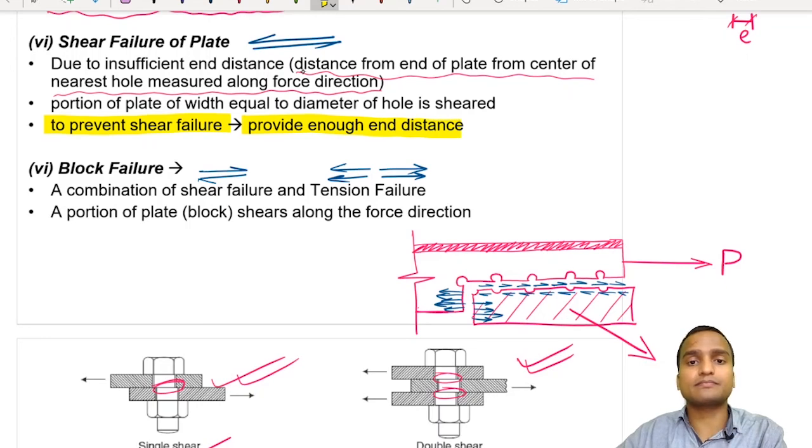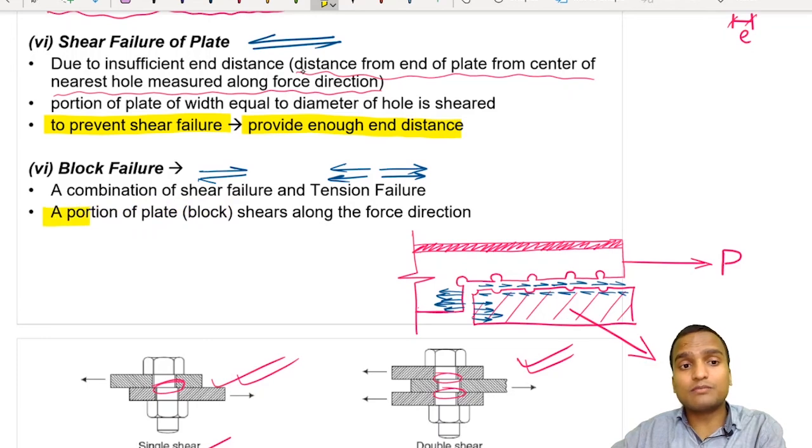Alright. Now the last type of failure I have kept is the block failure. This type of block failure we will be studying in upcoming units also, so I will just give you a glimpse. Block failure is also known as shear block failure. It is a combination of shear failure and tensile failure of the plate. Okay.